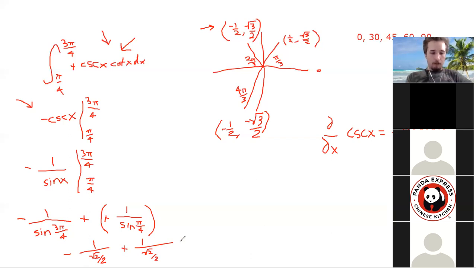And if we want to get rid of the radical, actually, this is just 0. We don't even have to simplify. Yeah, it's just 0. So that's our answer.